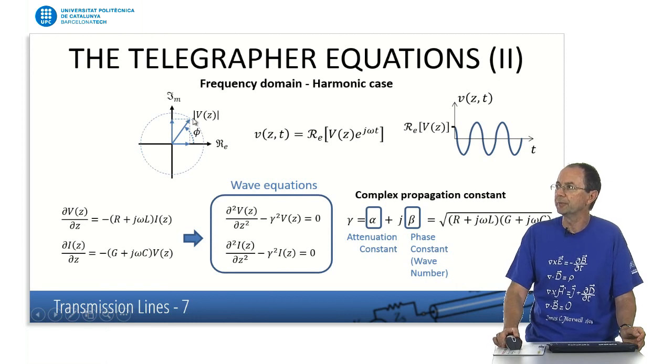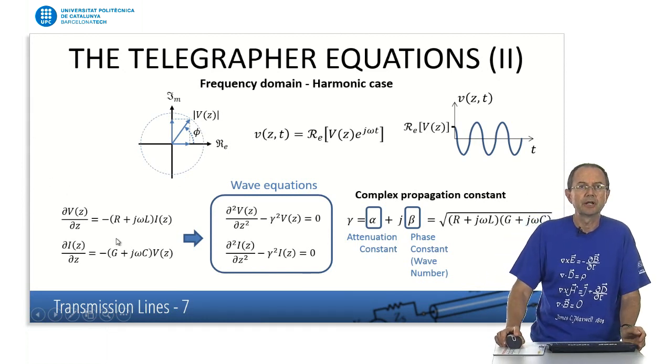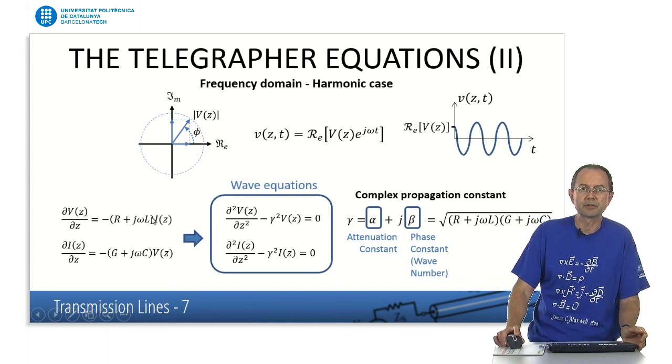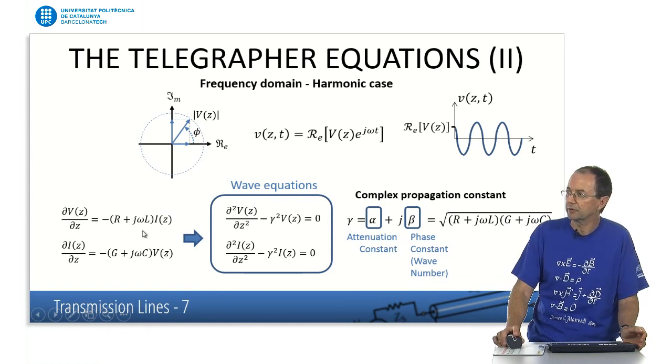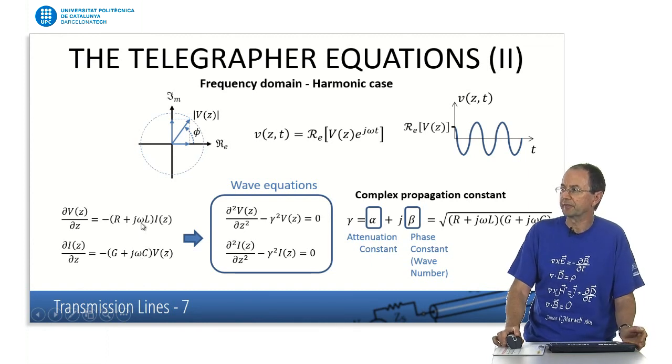We have an amplitude, we have a phase represented here in the phasorial diagram, and we have the same previous equation, where the time derivatives are just substituted by this term here, omega, which is the result of a time derivative when we assume a harmonic case.